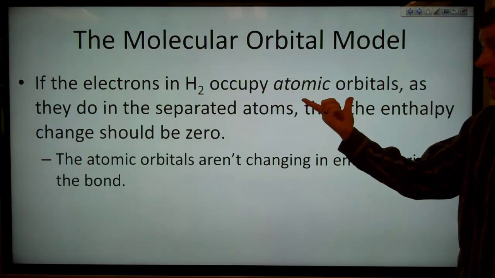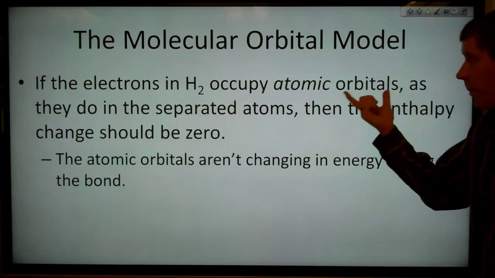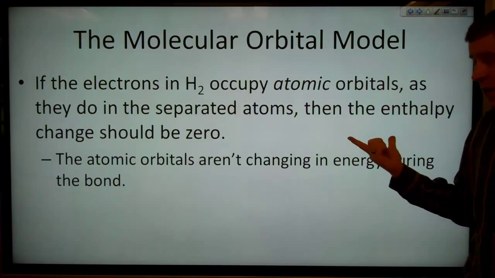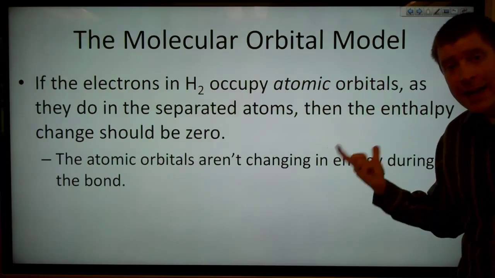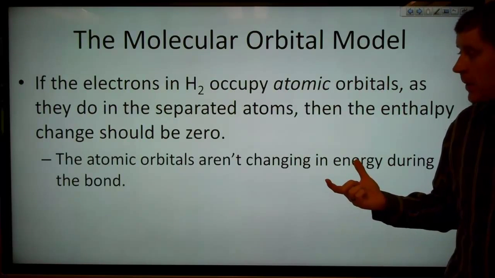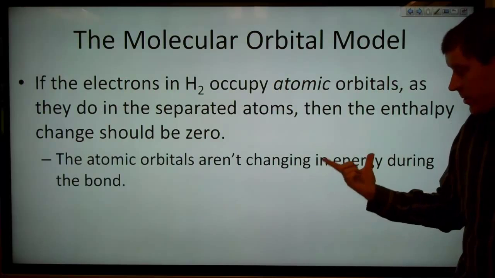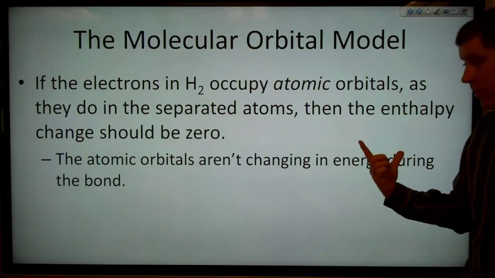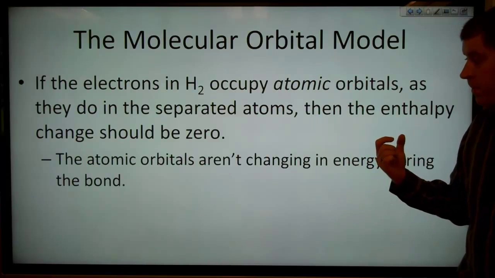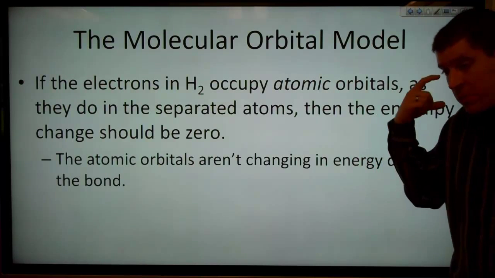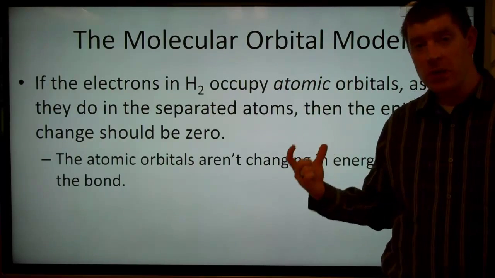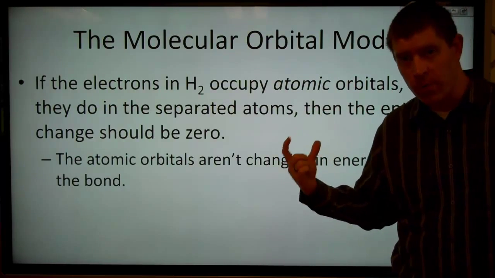So if the electrons in hydrogen are occupying atomic orbitals, as they do in the separated atoms, then the enthalpy change there should be zero. We shouldn't get out energy, because the atomic orbitals aren't changing in energy during the bond formation. So the fact that we observe a change in enthalpy means that we can't be using the atomic orbitals to form the bonds.